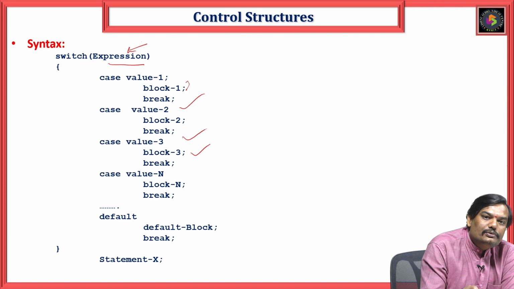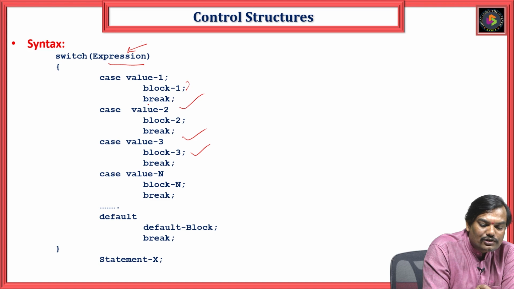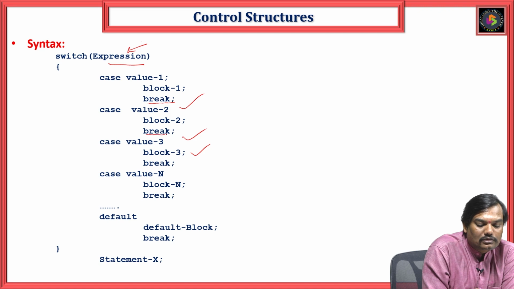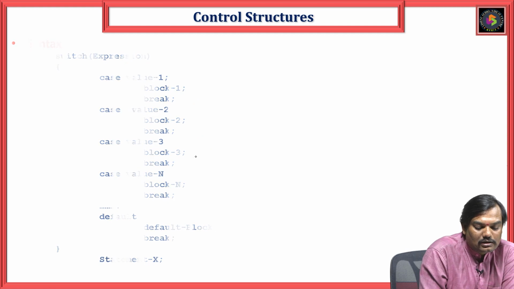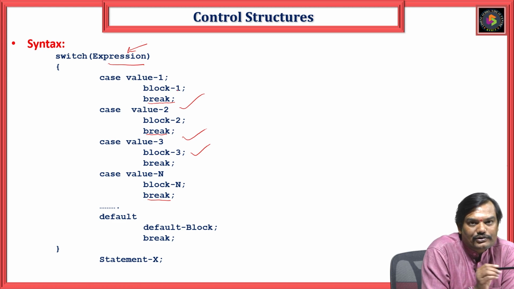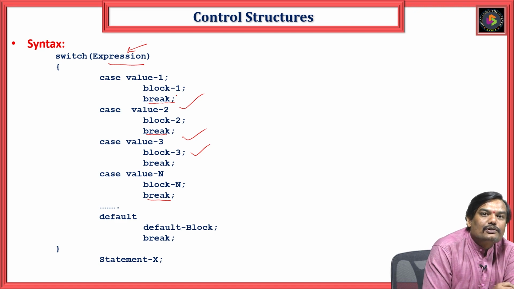In this switch statement, at the end of each case, we have a break statement. What is the use of this break statement? Why are we using it in our code? When the expression value has matched the case value, the statements associated with that case get executed. After executing them, the control has to exit from the switch.